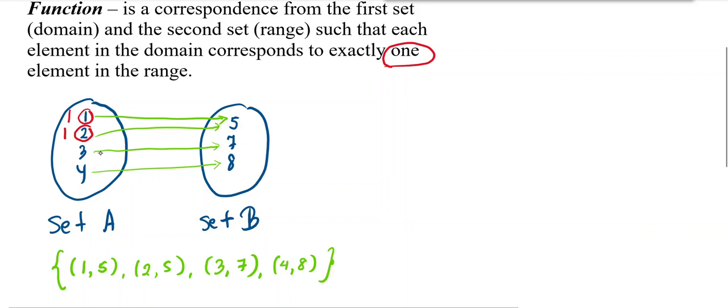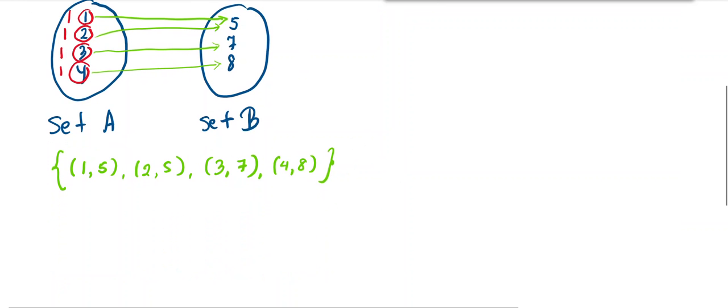The 3 corresponds to 7, so it only corresponds to one element in the second set. And the 4 also corresponds to one element of the second set, which is 8. So all of them correspond to just one element of the second set. Therefore, this is considered a function. It satisfies the definition of a function.